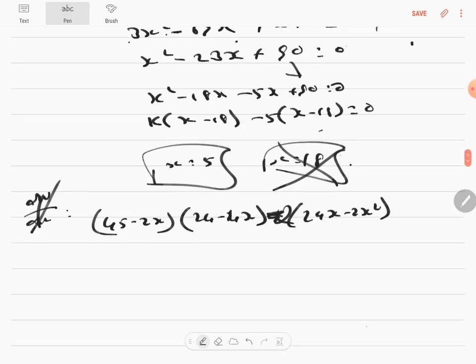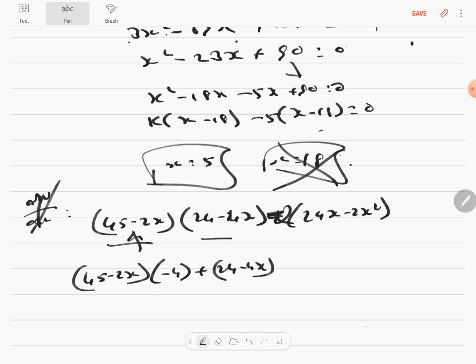So when I see this, when I have to double differentiate, this itself is u and v, correct? So then it's 45 minus 2x into differentiation of this is minus 4 plus 24 minus 4x into differentiation of first term is minus 2.